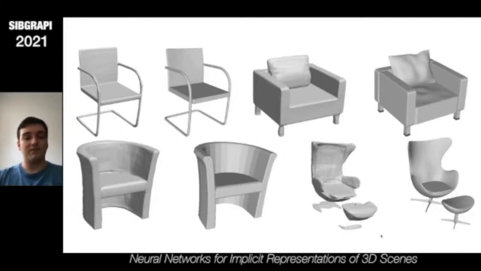DeepSDF is not able to accurately reconstruct both of the supports, from both the chair and the footrest in this case. However, the seat and the footrest have an okay reconstruction. Not perfect, but also not terrible.